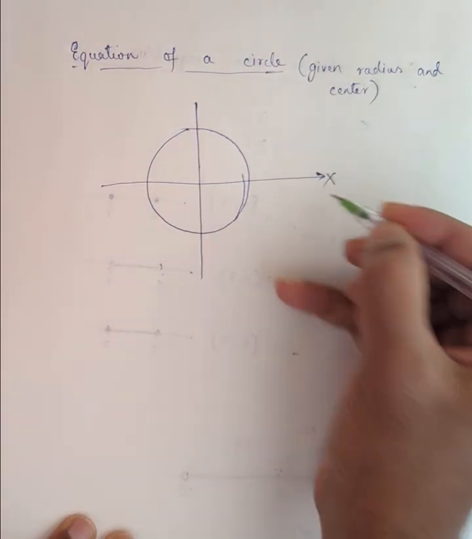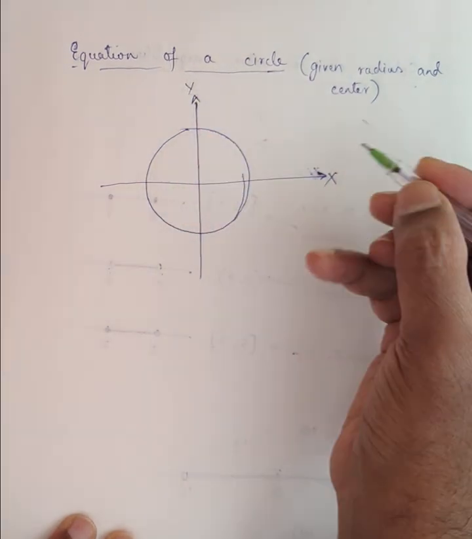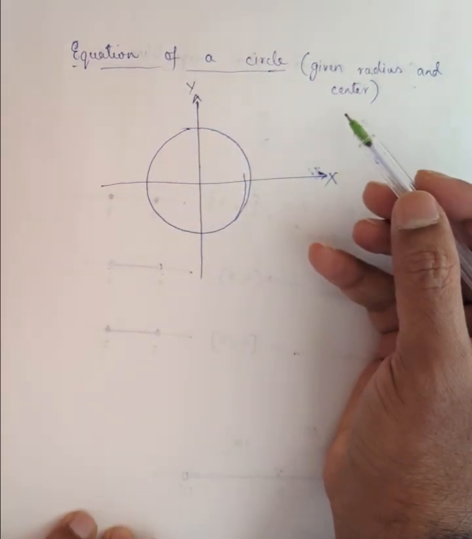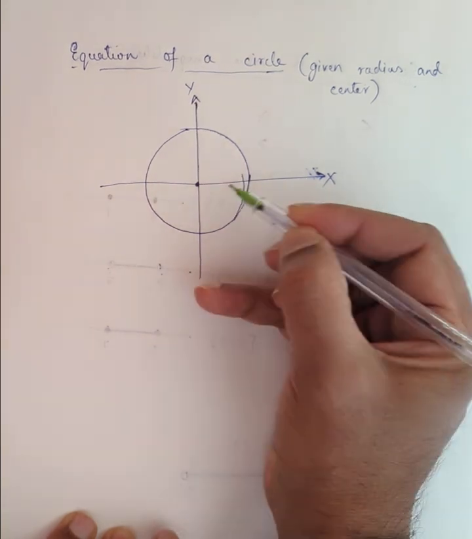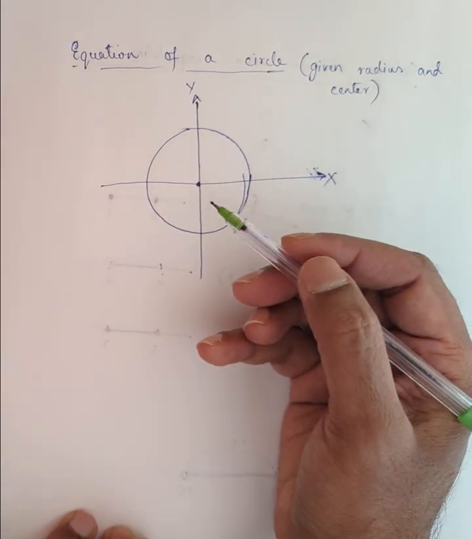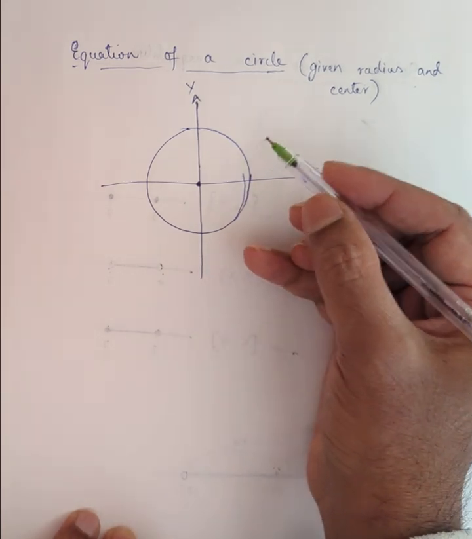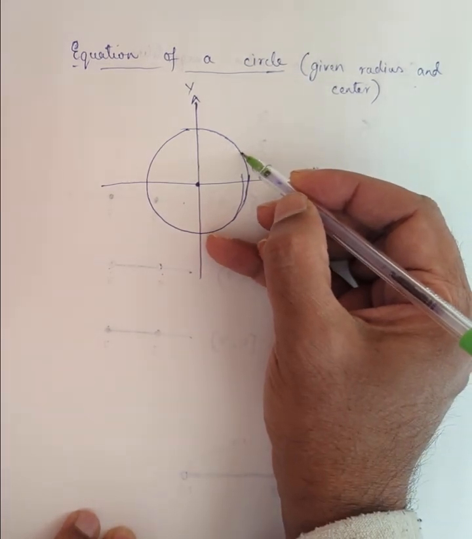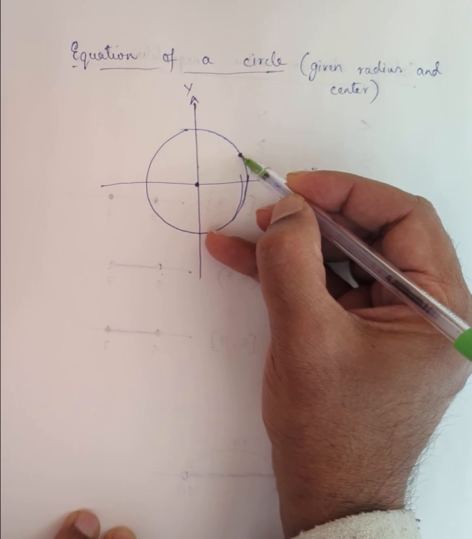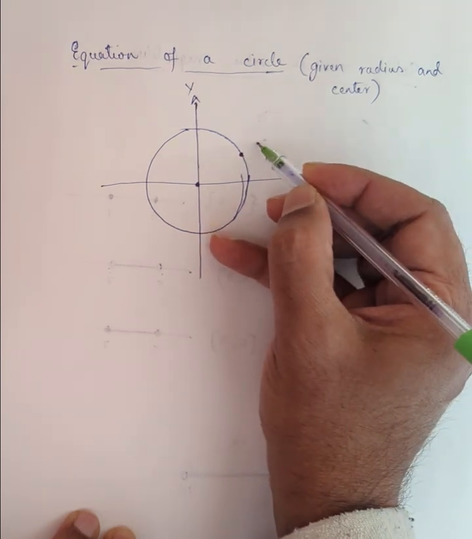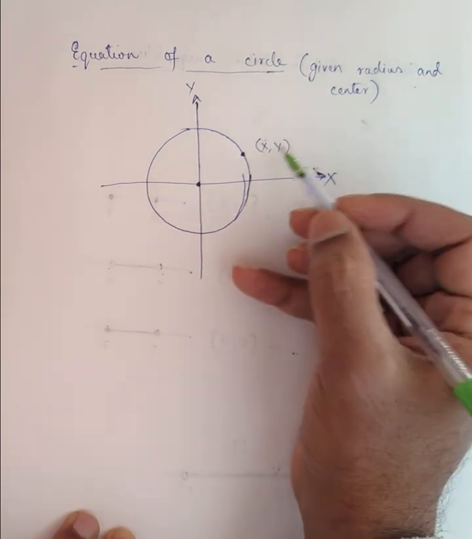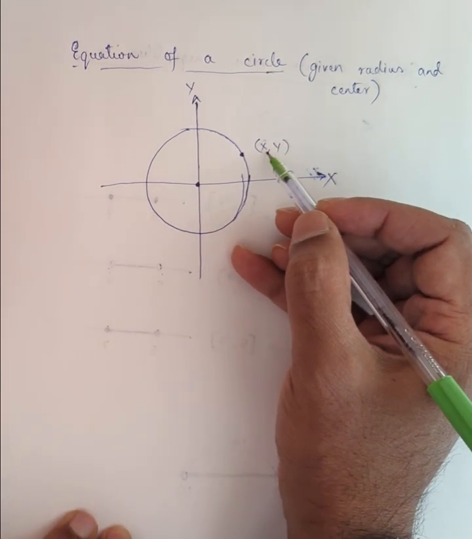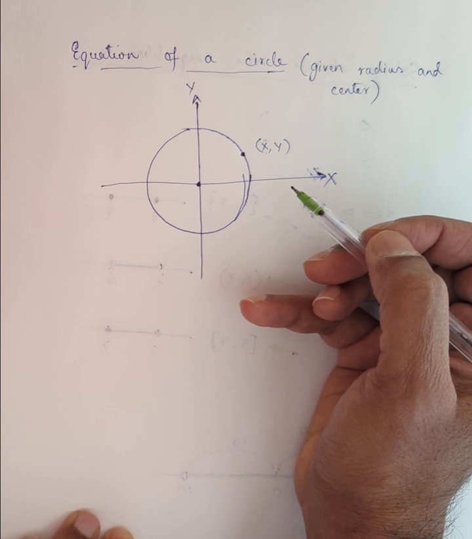So this is the x-axis, y-axis. To find the equation of this circle whose center is at the origin and radius r, what I have to do is pick an arbitrary point, call it x, y. So if I pick any point on the circle, then I've got to find a relationship between x and y.